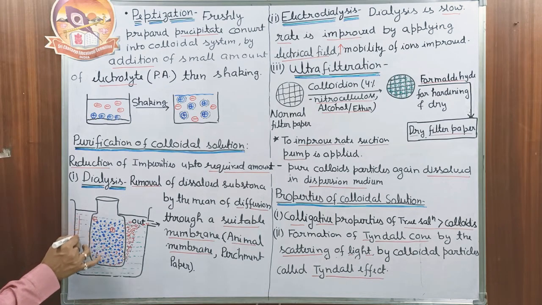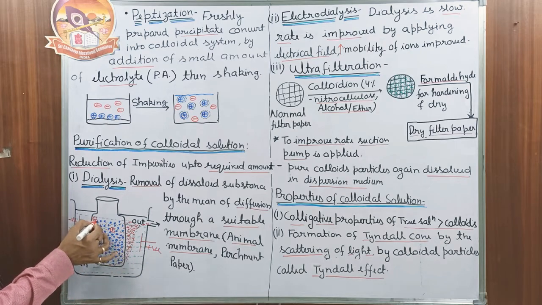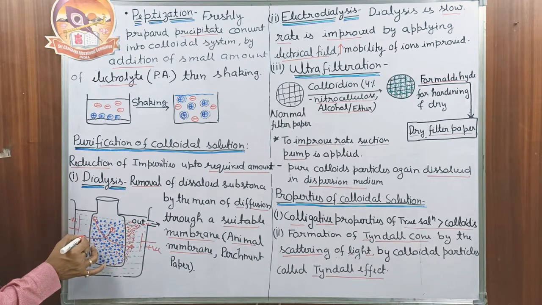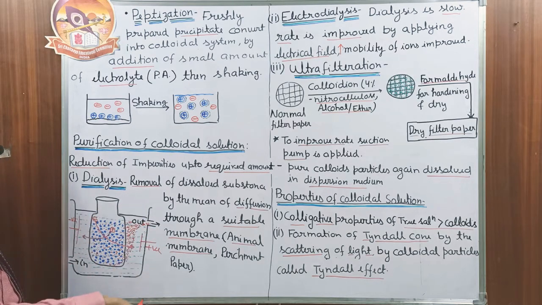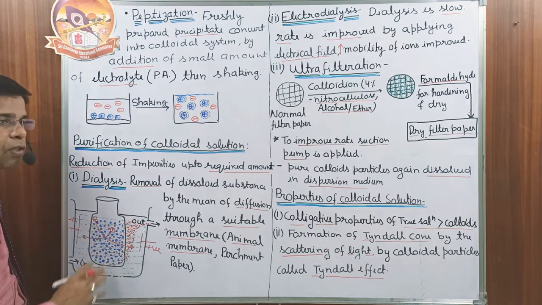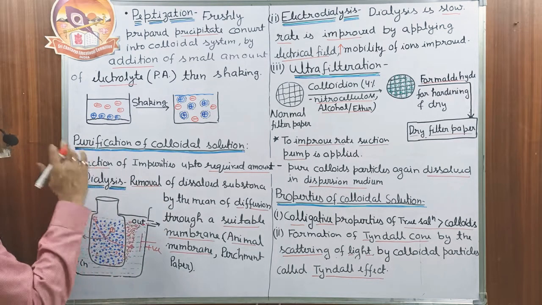I apply a negative plate on one side and a positive plate on the other side. Now the positive plate attracts the negative particles and the negative plate attracts the positive particles. So along with diffusion, the rate is also improved by the application of the electrical field. Now electrolyte particles move faster, and we can purify the colloidal system very easily and quickly.